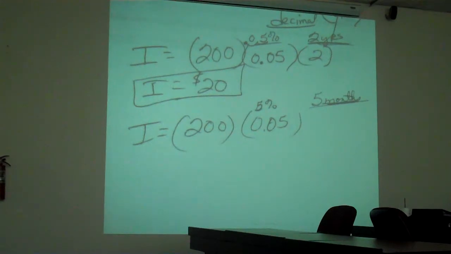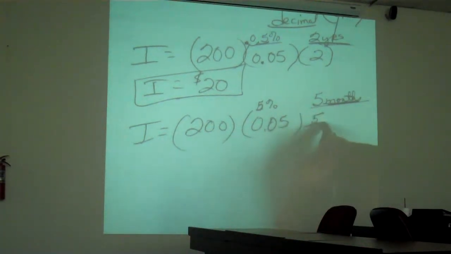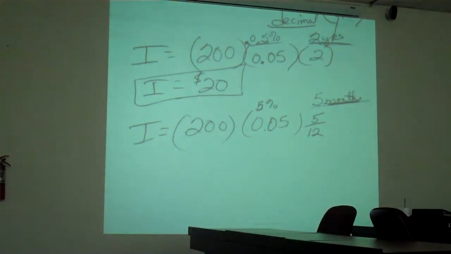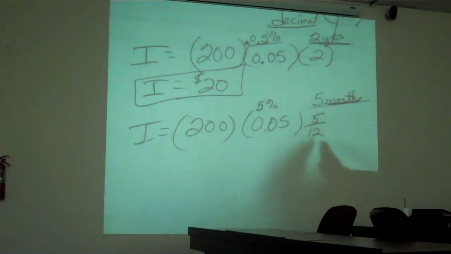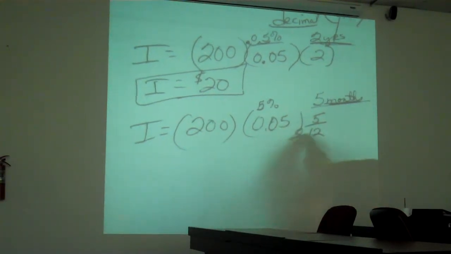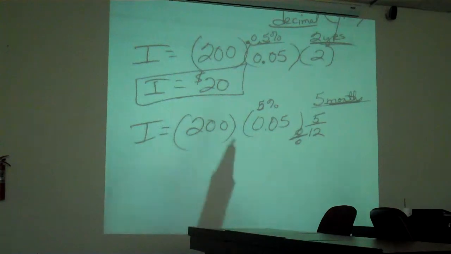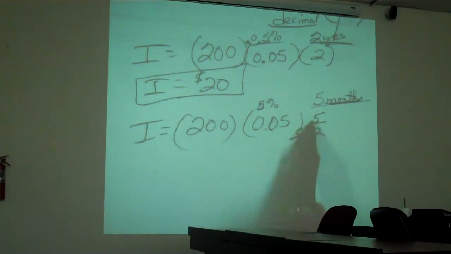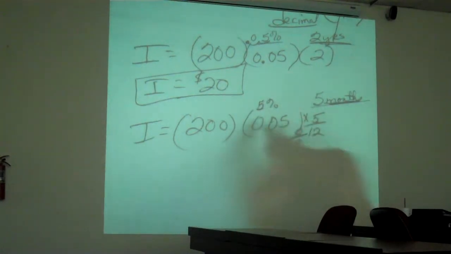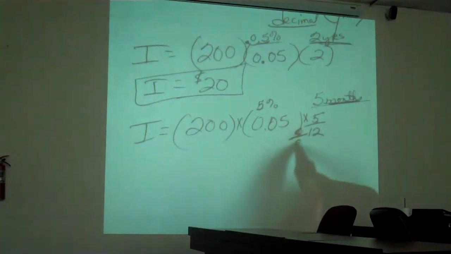So that's 5 out of 12 months. So you're going to do 5 over 12. Can we change it into a decimal? No. It's easier to leave it like this. Go ahead and multiply 200 times 0.05 and then times 5. Multiply all those. And then at the end, divide it by 12.